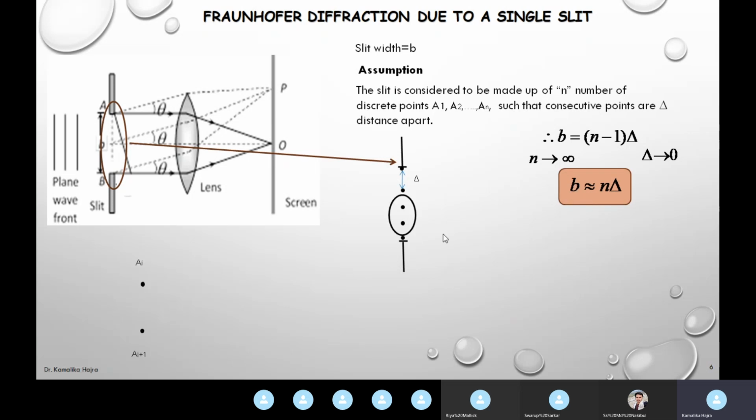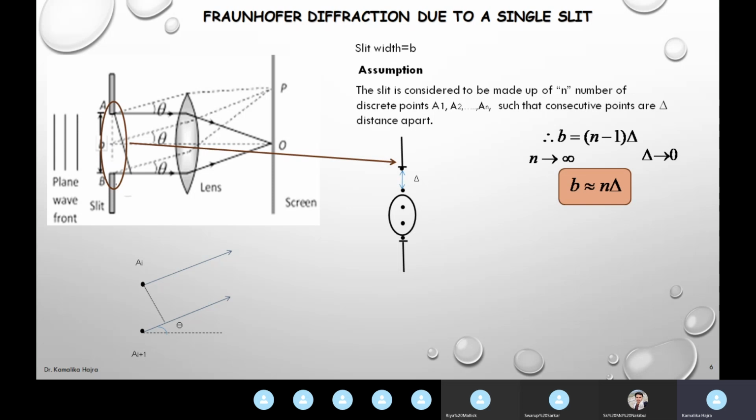Okay, now let me again magnify any 2 such consecutive points, ai and ai plus 1. These 2 points I have magnified over here. Ai, any ith point, and any i plus 1th point. And say these 2 rays are a particular set of diffracted rays parallel to each other and inclined to the horizontal at an angle theta.